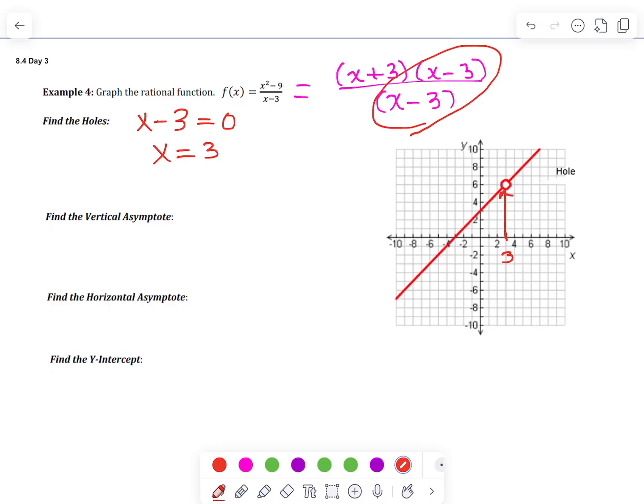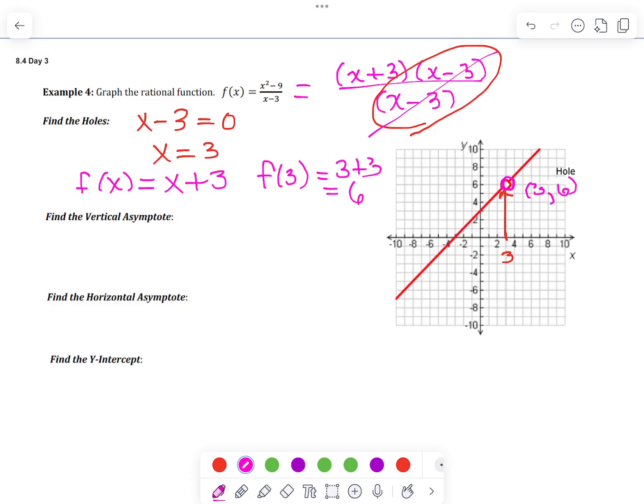How we find that hole is we evaluate the function. What's left after we cancel the common factor is f of x equals x plus 3, a nice linear function. Then we evaluate the function for f of 3. So 3 plus 3 is 6. So this hole is at over 3, up 6.